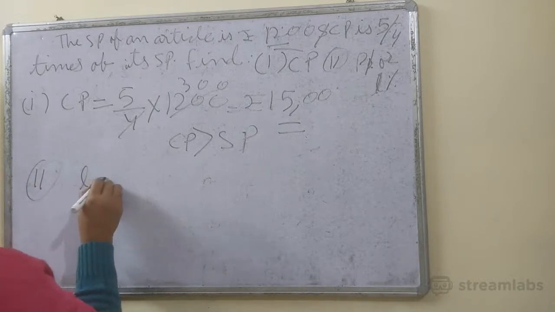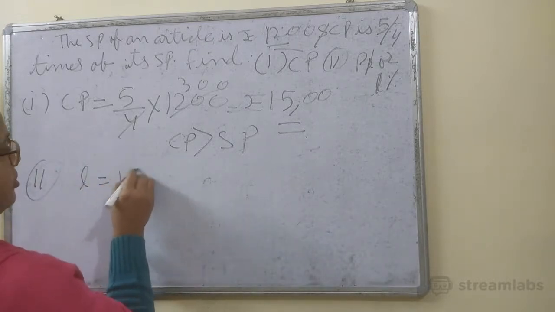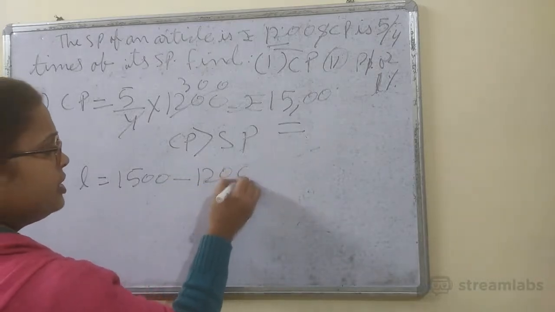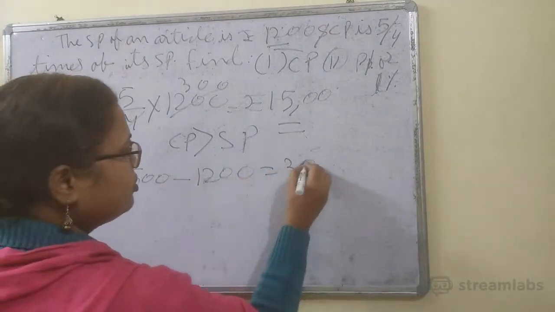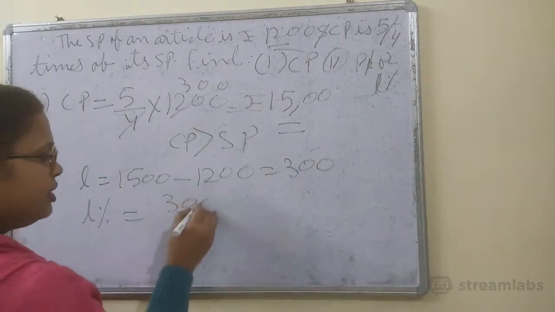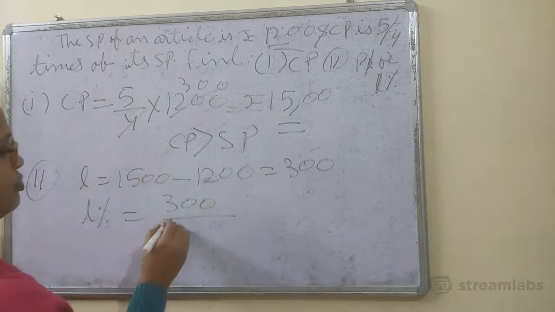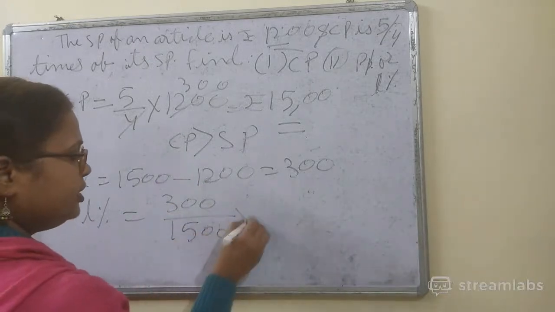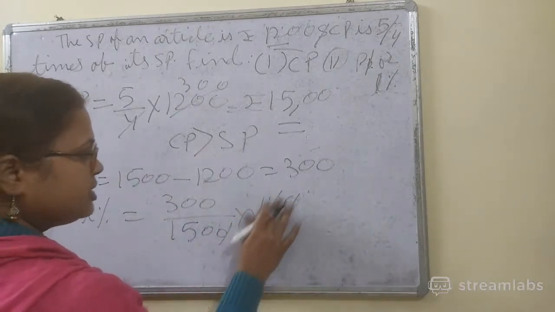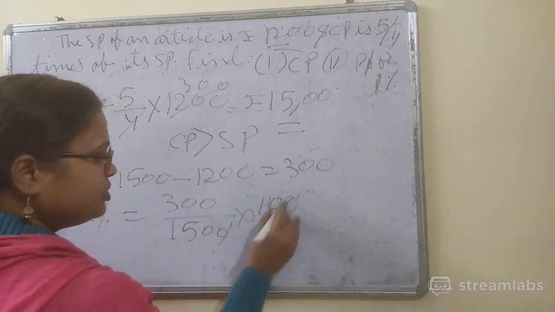So first we'll find out the loss. Subpart 2. So loss is equal to CP minus SP. CP is 1500, then SP is 1200, and this is equal to 300. Then find out the loss percent. So 300 by CP. CP is 1500, into 100. Don't cancel this one because already 0 is here.